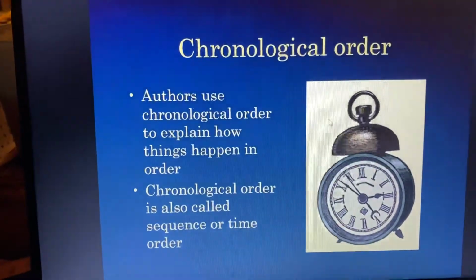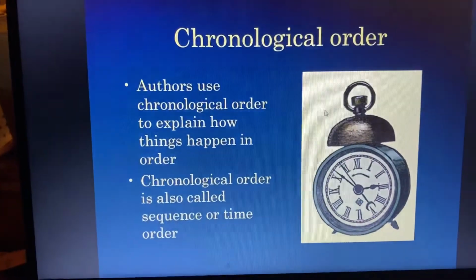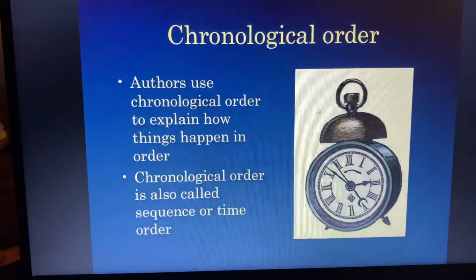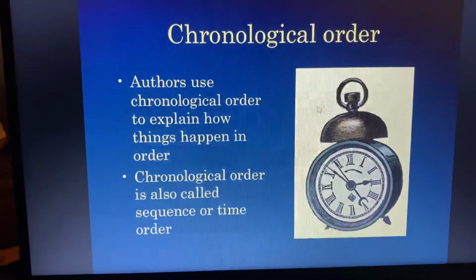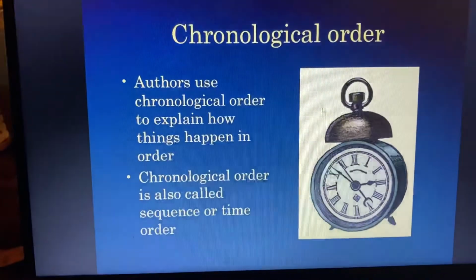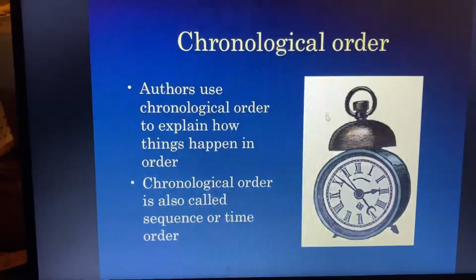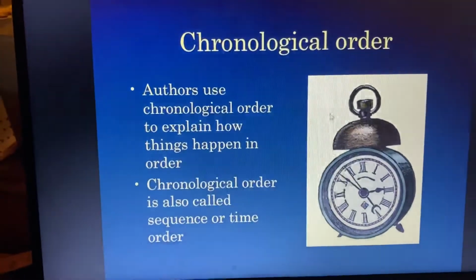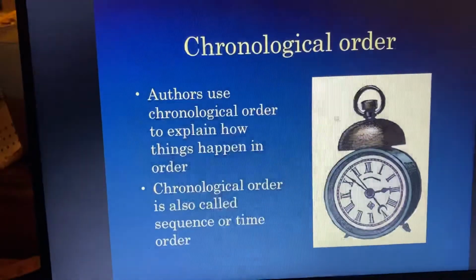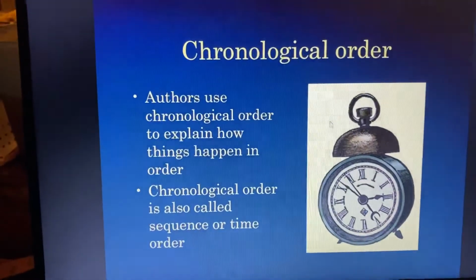So, chronological order. Authors use chronological order to explain how things happen in an order. Chronological order is also called sequencing or time order. This particular lesson uses the words chronological order.